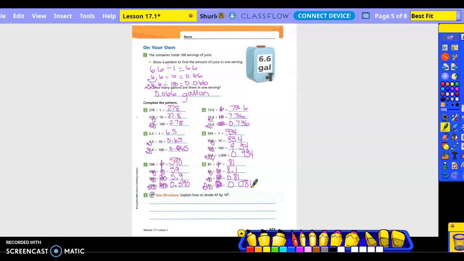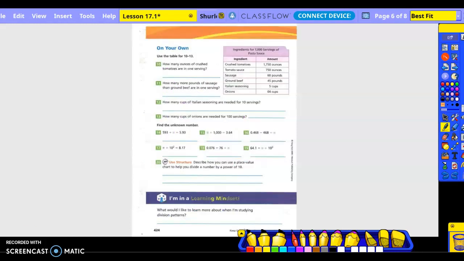So if I have it like this. So we said 3 places to the left. 1, 2, 3. Put a 0 in there to hold my spot. So my answer is what? 47 thousandths.